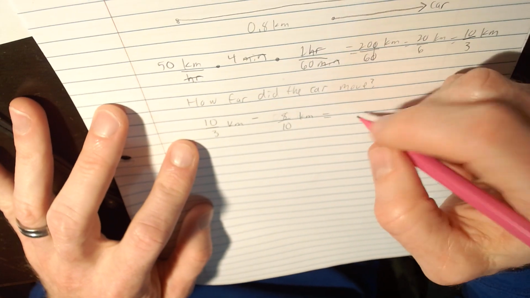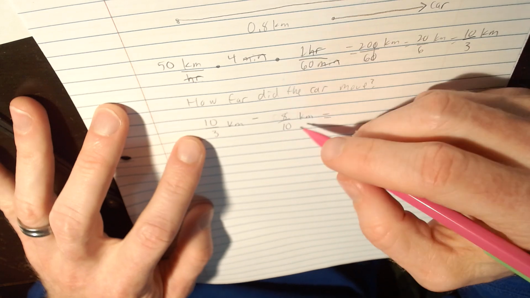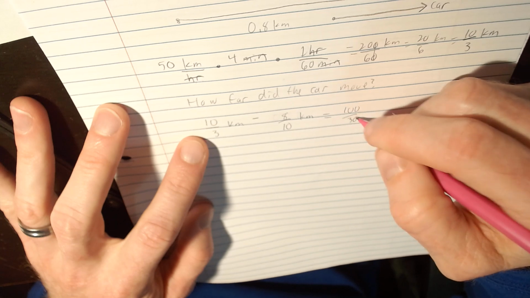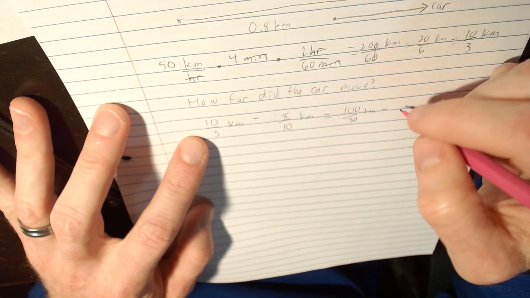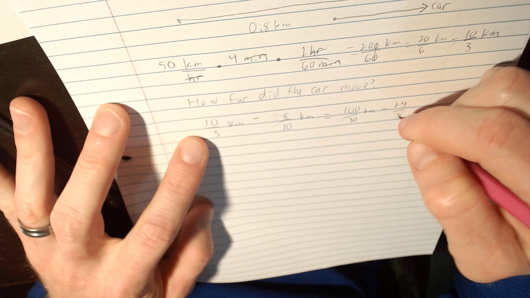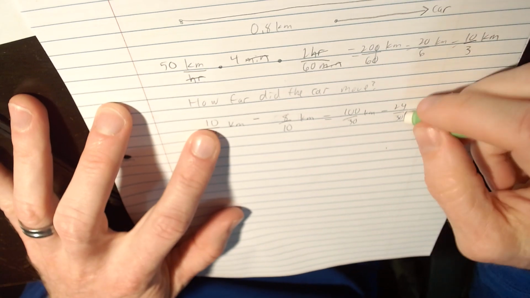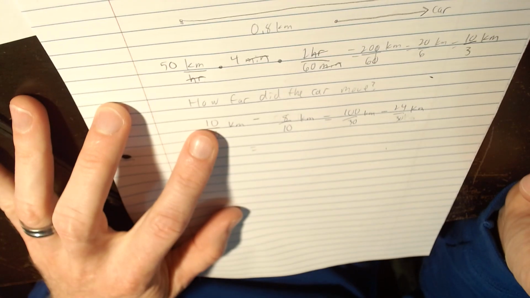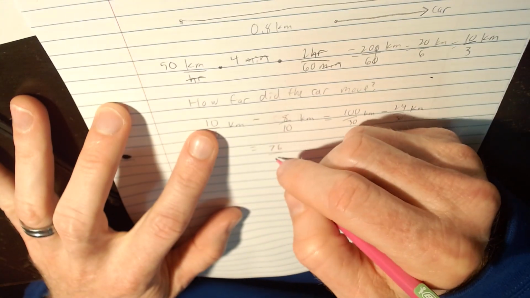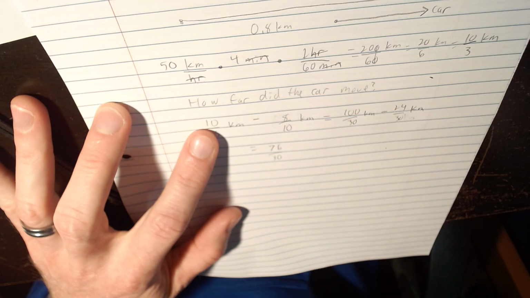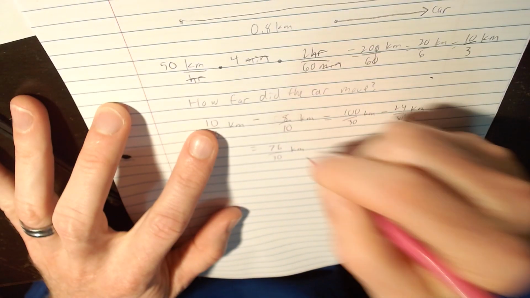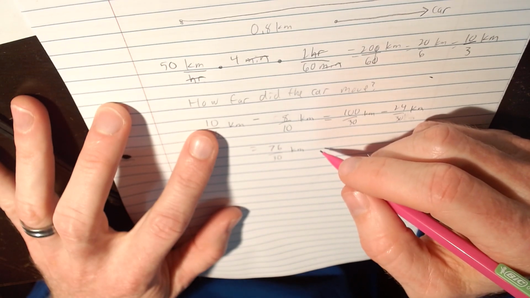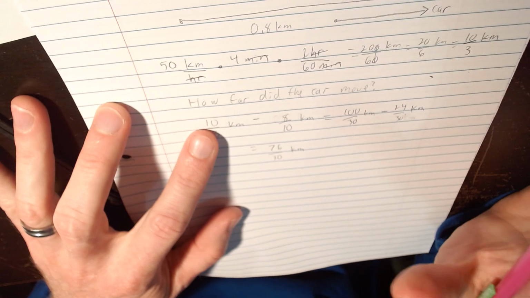If we get common denominators, this is going to be 100 over 30 kilometers minus 24 over 30 kilometers. So that's 76 over 30 kilometers. Again, I'm not going to reduce that for now.